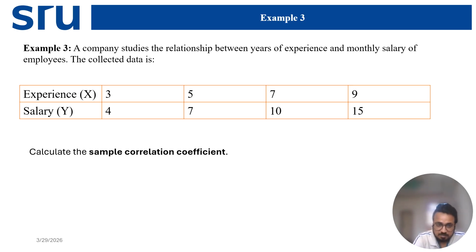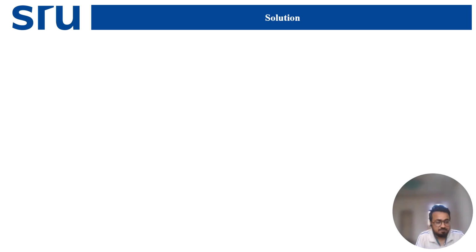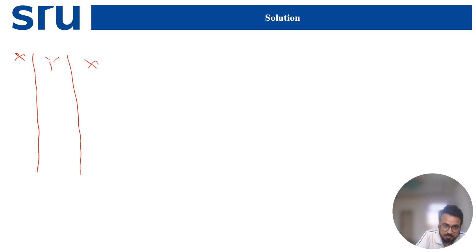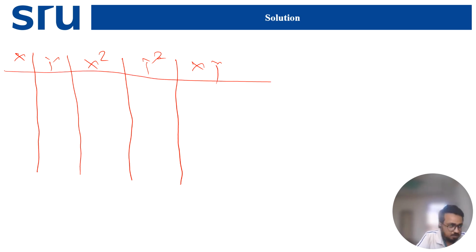Okay. So now again I will make the same table. This is X, Y, X square, Y square, X into Y. Okay. So this is 3, 5, 7, 9.